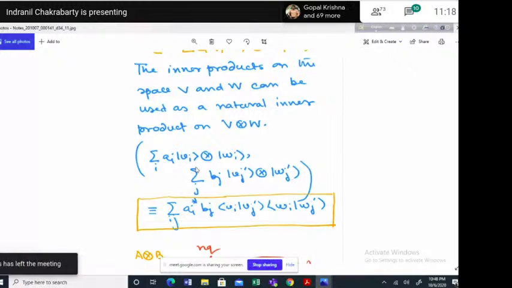When you take the inner product of these two general vectors, this will give you ai star bj times the inner product between vi and vj prime, because they are from the same vector space V, and similarly wi and wj prime, which are from the vector space W. So the entire inner product of two vectors of V cross W will be defined in this fashion.